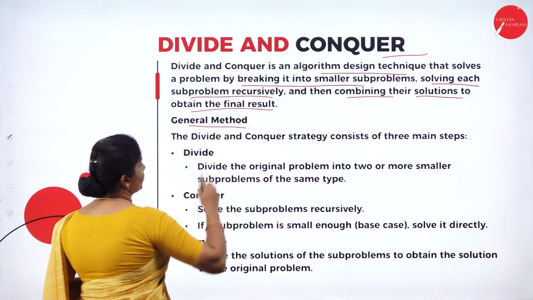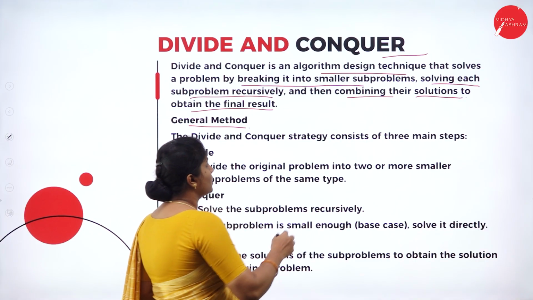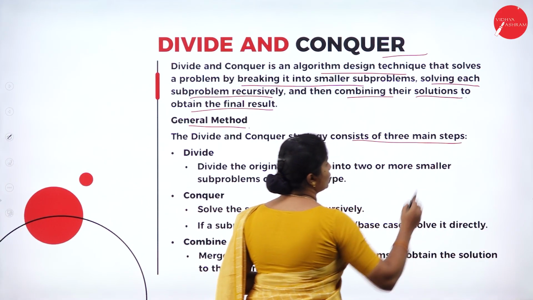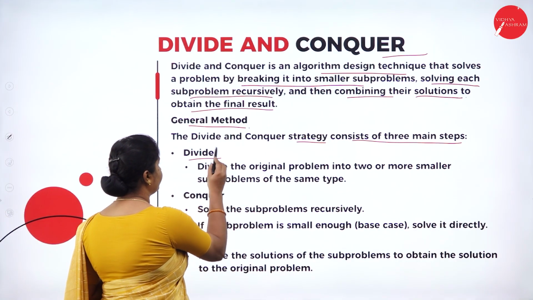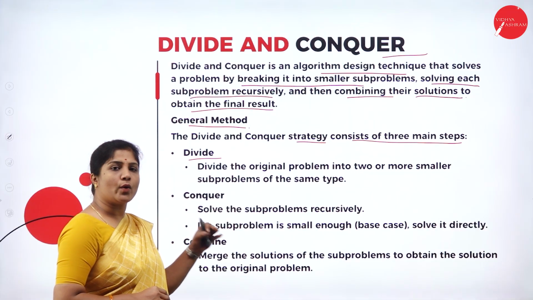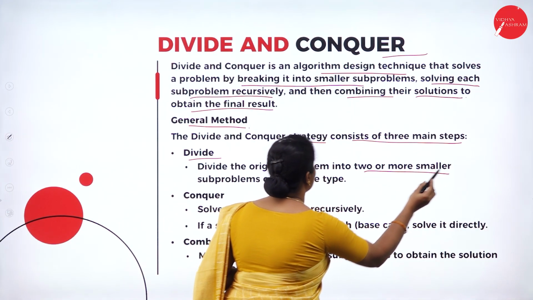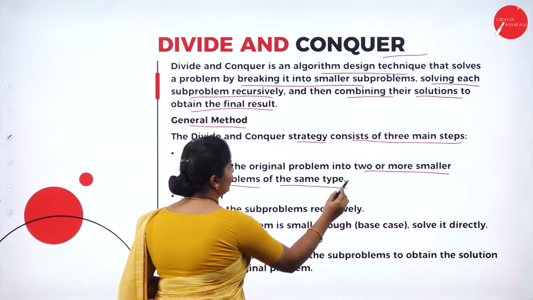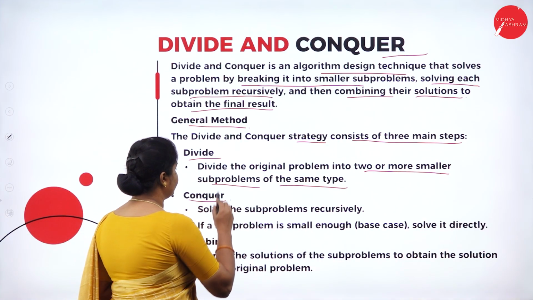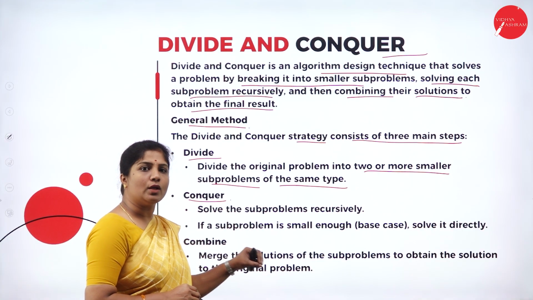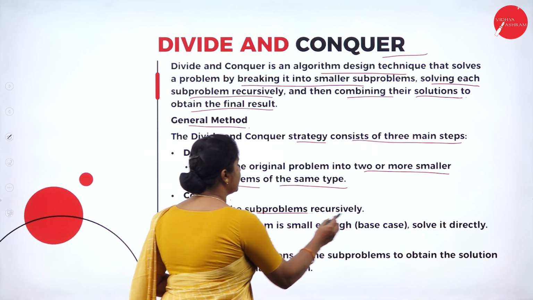Then what are the general methods of the divide and conquer technique? This strategy consists of 3 main steps. First, divide: it's going to divide the original problem into 2 or more smaller subproblems of the same type. After that, conquer: that means it's going to solve the subproblems, finding the solutions to the subproblems recursively.